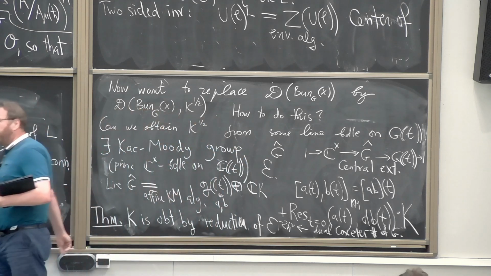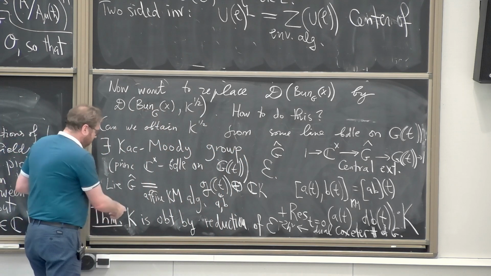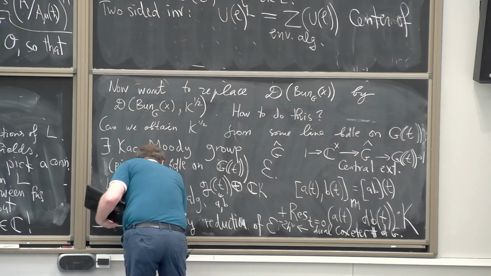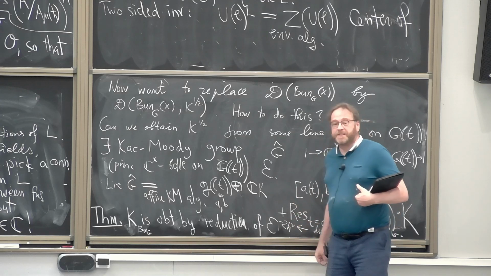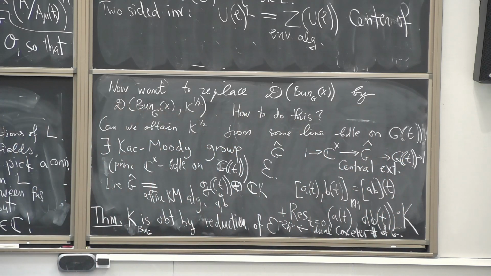For example, for the group E8, it is 30. So this means that in that case, the canonical bundle on Bun G is E to the minus 60. Okay, so this means K to the 1/2.